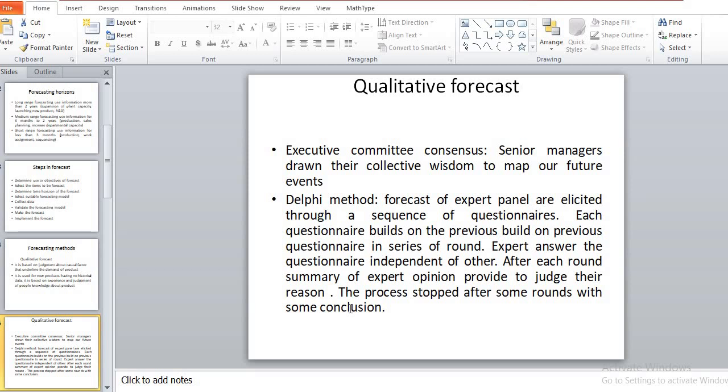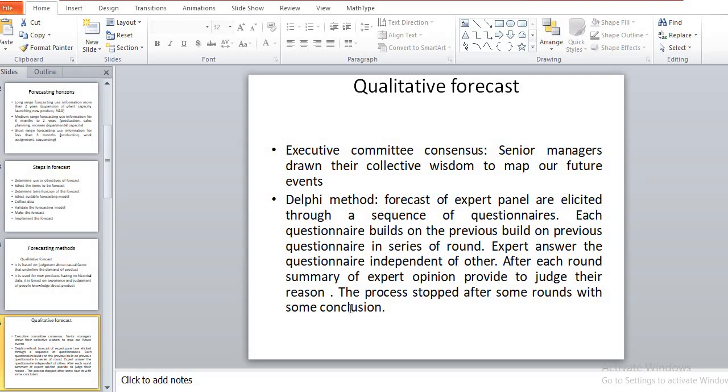So in qualitative forecasting, the first is the executive committee consensus. A committee is formed of executives, consisting of senior managers, for making a forecast about a particular product.